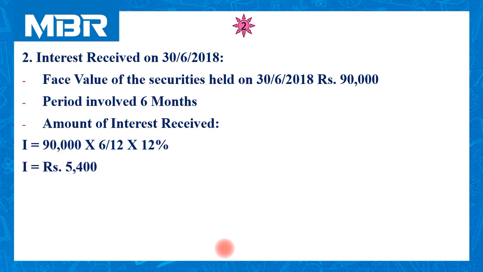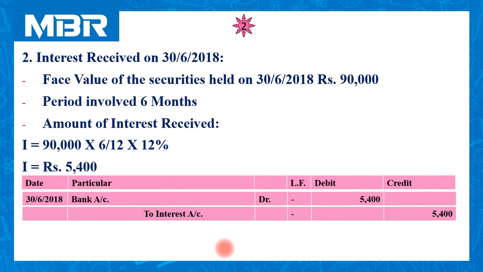So amount of interest received by the investor is rupees 5,400. Simply, we need to pass journal entry, bank account debited 5,400 to interest account 5,400.